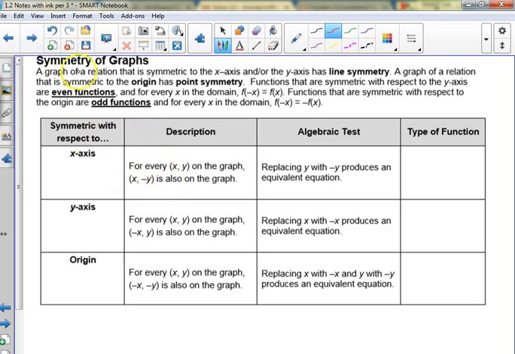So a graph of a relation that is symmetric to the x and or y-axis has line symmetry. A graph that is symmetric to the origin has point symmetry. Functions that are symmetric with respect to the y-axis are even functions. So I'm going to write they're called even functions.